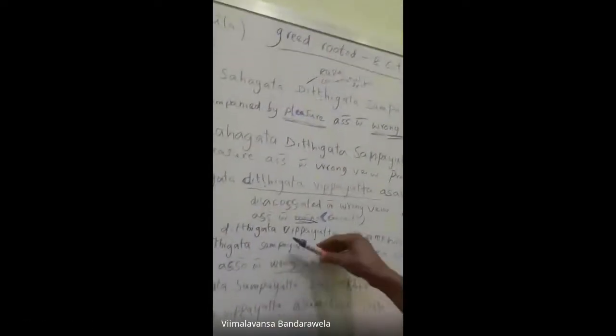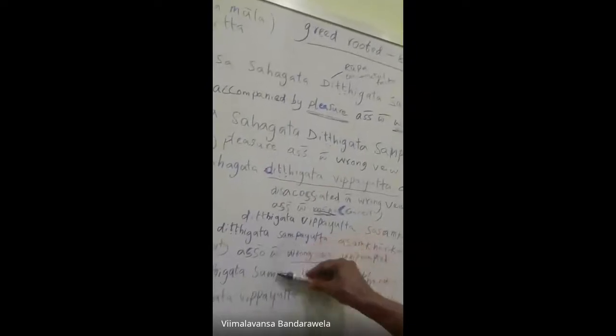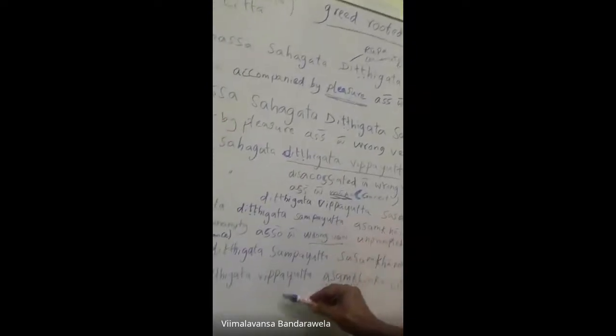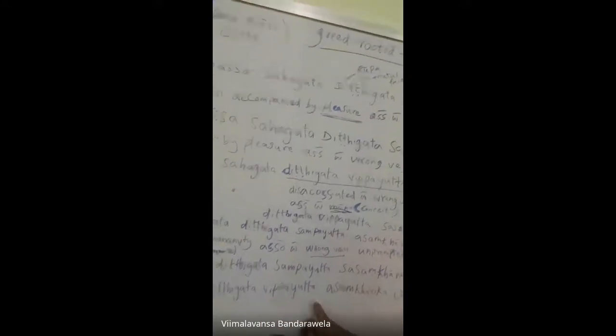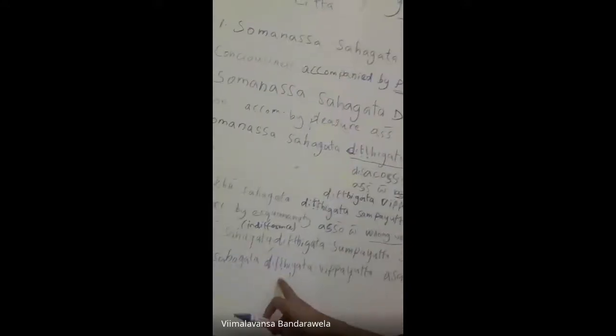Now you have somanasa sahagata ditthigata sampayutta two chitta and ditthigata vipayutta two chitta. Now this is the first chitta, ditthigata vipayutta. Upekkha sahagata means the consciousness accompanied by equanimity.